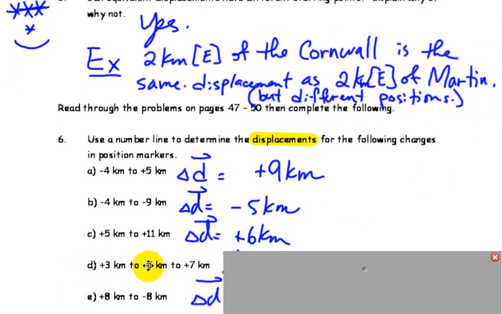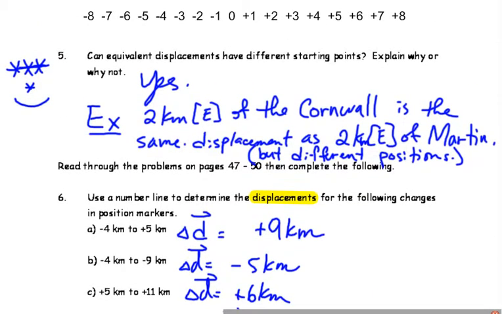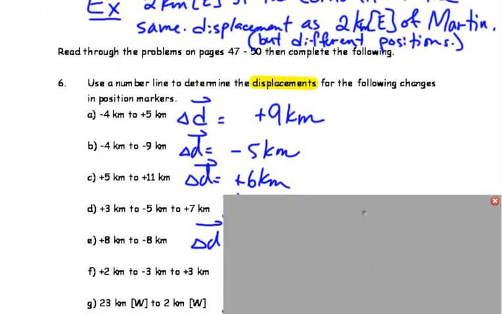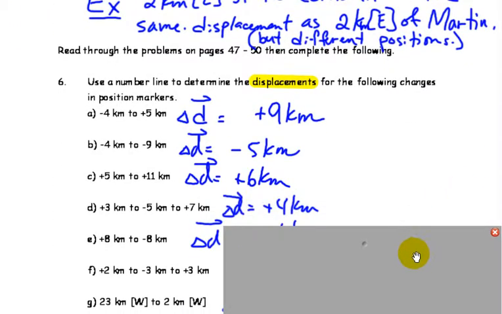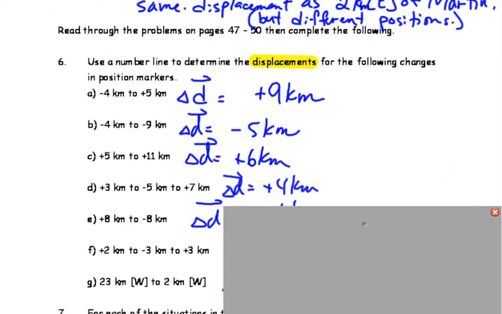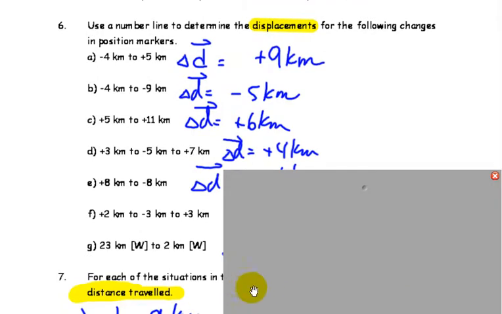You did this movement, but when all is said and done, you ended at +7. So it's just like the vector drawings we were doing. Start, finish. You're only concerned about start to finish. So that's going to be +4 kilometers. Okay, I'll give you a chance to finish off these last 3. Maybe pause the video, then come back and see how you made out.